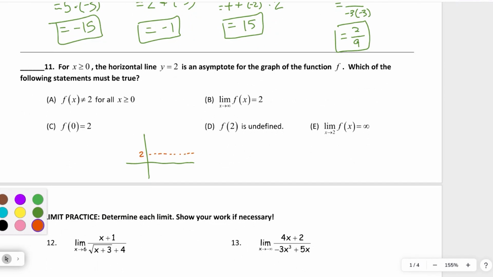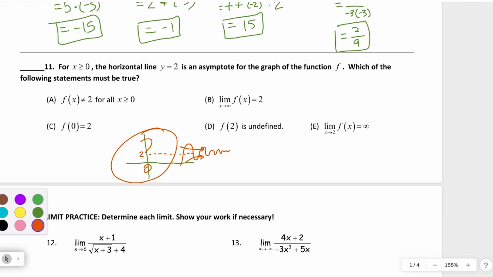This function could be doing all kinds of different weird things, but at the end of the graph, we're going to be approaching it either from above or below, or we could even have some oscillating behavior as long as the amplitude is going to 0. So we've got a lot of little options here. You could have anything else to the left of that where we're not in the end behavior. Really anything could go here.